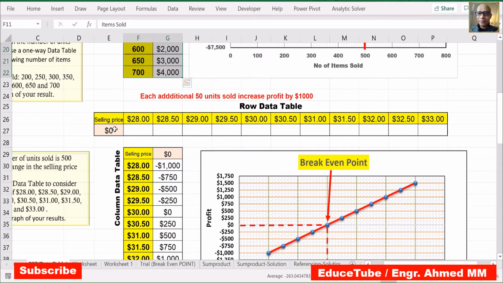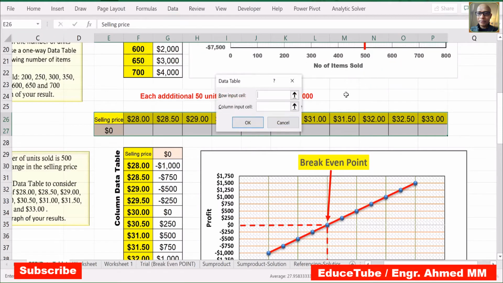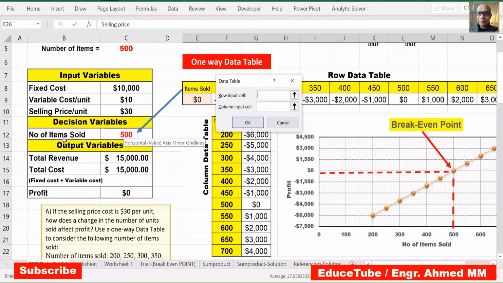Now this 0, this profit, same way we can create, selecting that profit cell. Now if we select all this row, and bring this one again, this data table, you have to go for row input cell the same way, but be sure, now we have to come here, not this one, selling price, because our question is on selling price, so we have to click here.